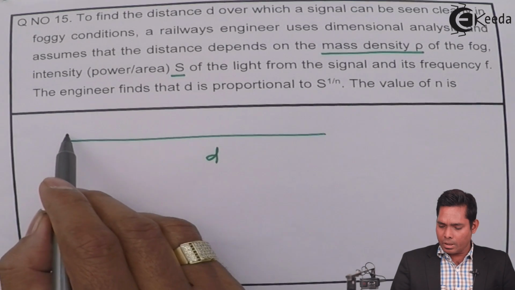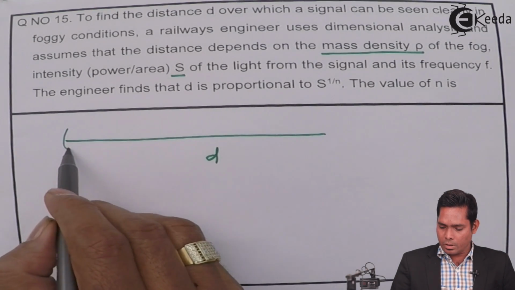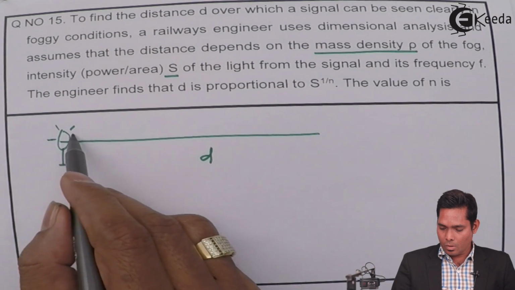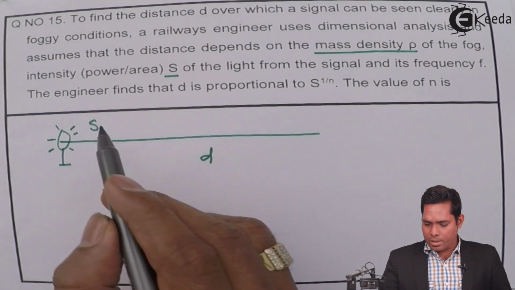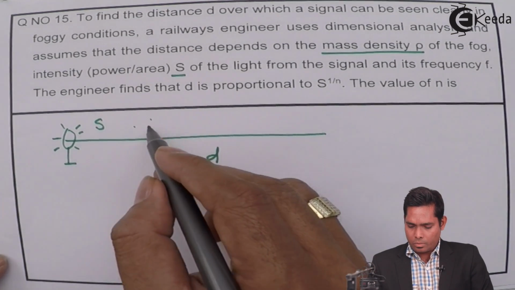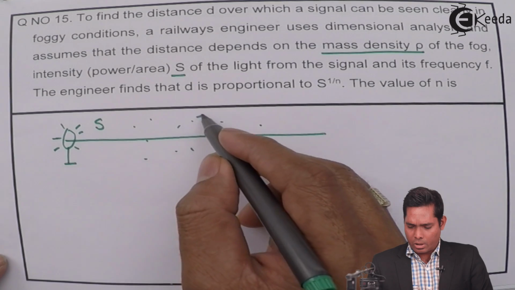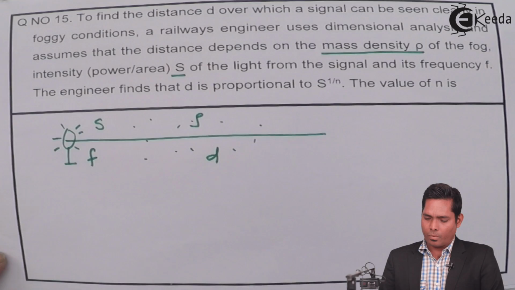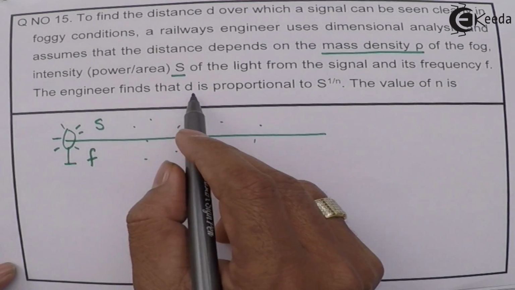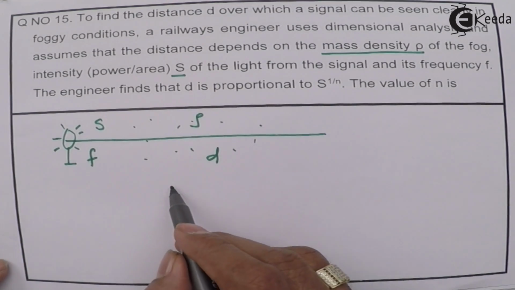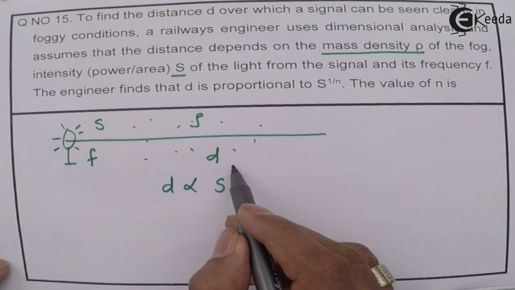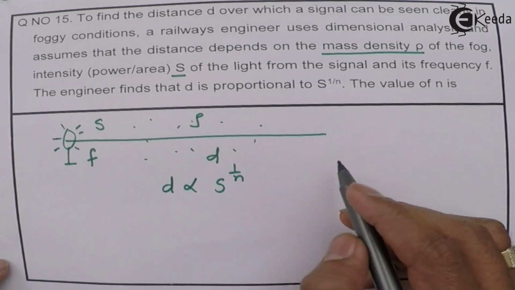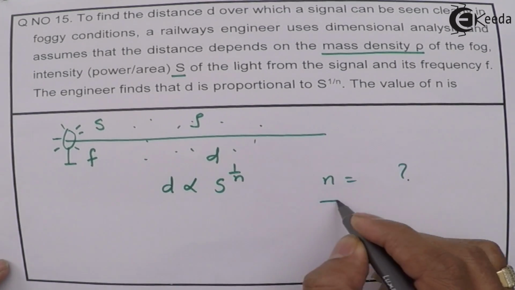So this is the signal, the light has intensity S, the fog has density rho, and the signal frequency is f. The engineer finds that the distance d is proportional to S to the power 1 over n, and you have to find the value of n. This is the question.